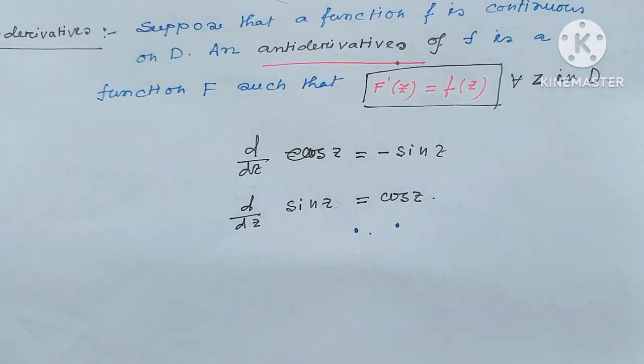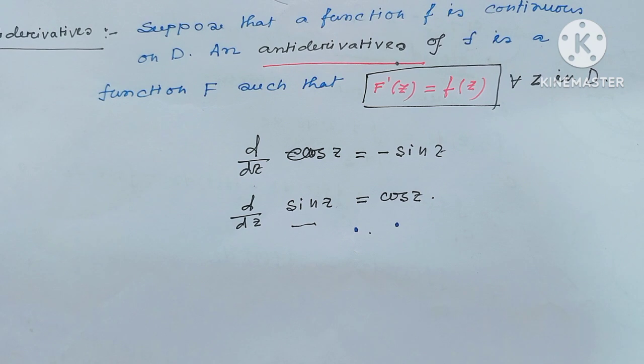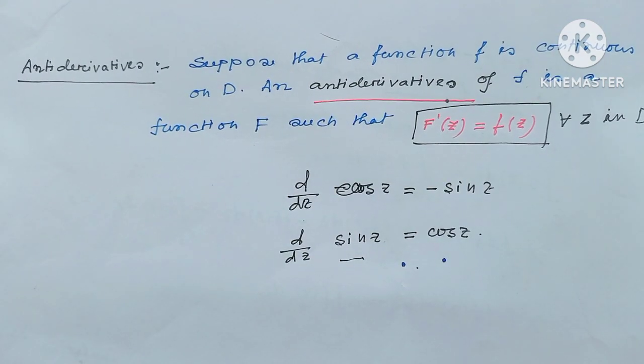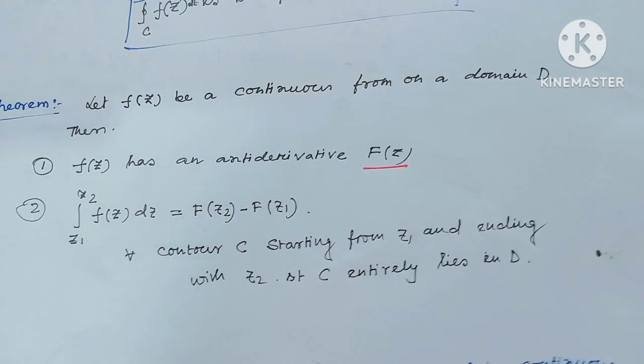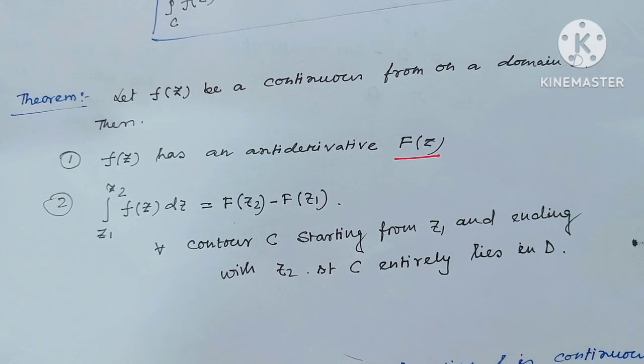Similarly, d/dz of sin z equals cos z, so sin z is the antiderivative of cos z. I hope all my viewers have understood what the antiderivative of a function is. Now I will look at the theorem on antiderivatives.